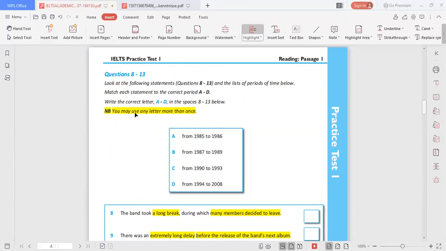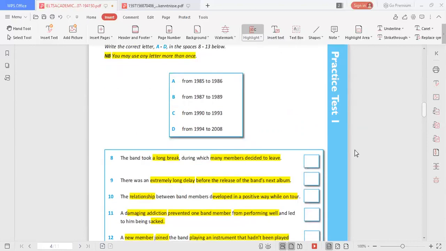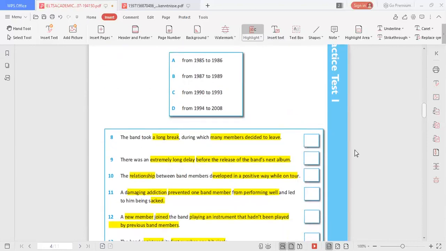Make sure you read it because it tells you something. In the previous exercise, we read that you can only use a letter once. Here it's saying you may use a letter more than once. So if you pick A it's possible that A applies to 8. It's possible it applies to 11 as well. So pay attention to that.